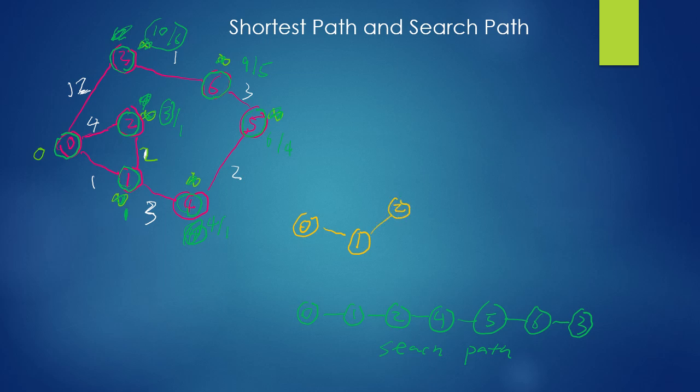So the 2 actually goes through here. And then 4, and then 5, 6, 3. So this is the shortest path tree.